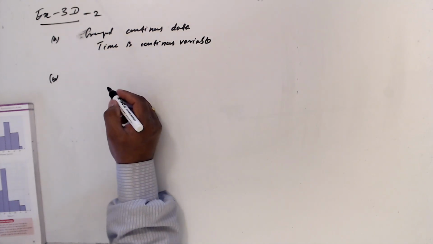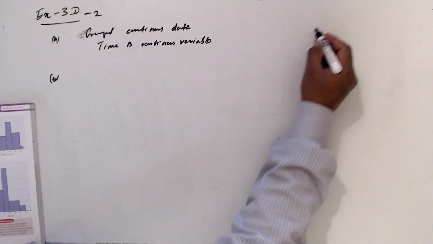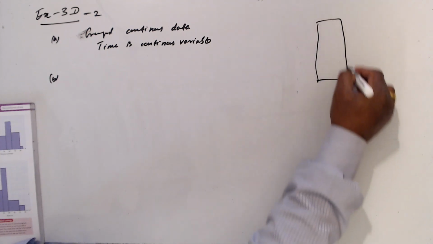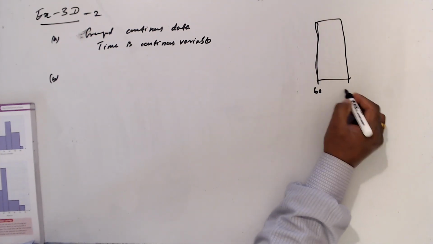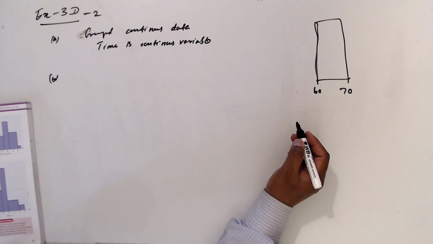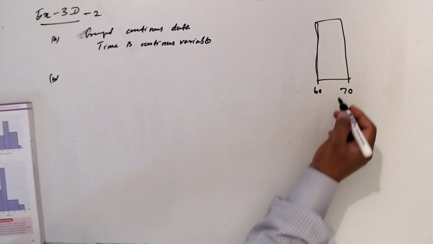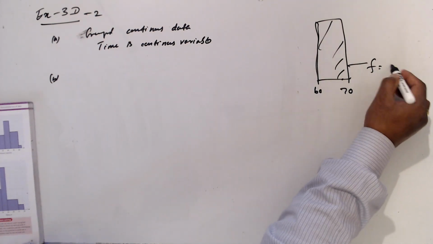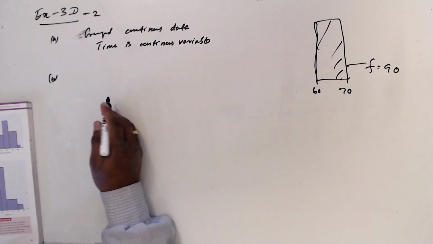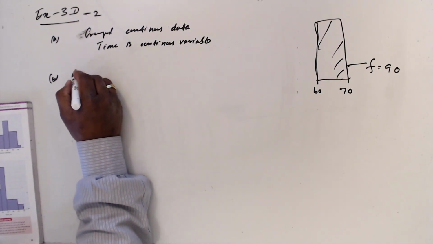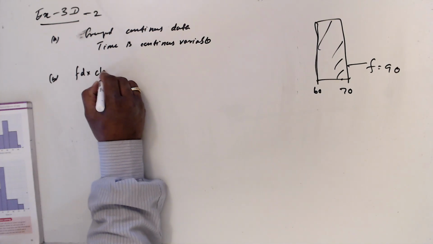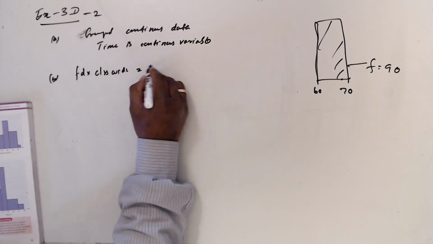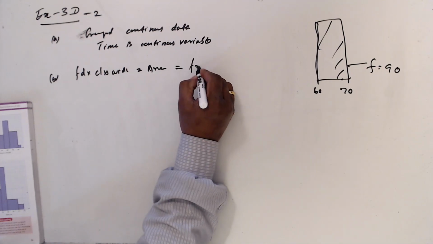Part B, 60 to 70. The number of students in 60 to 70 is 90. So in this area the frequency is 90. What is our equation? Frequency density times class width equals area equals frequency.